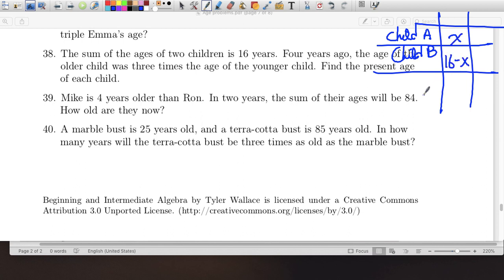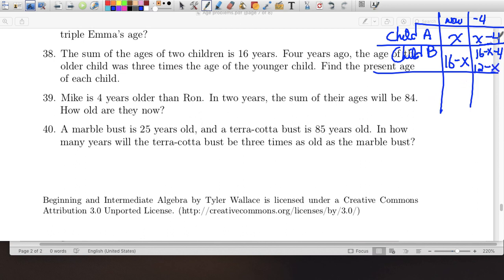Four years ago, child A was x minus 4, and child B was 16 minus x minus 4. And 16 minus 4 is 12, so 12 minus x. Let's simplify.